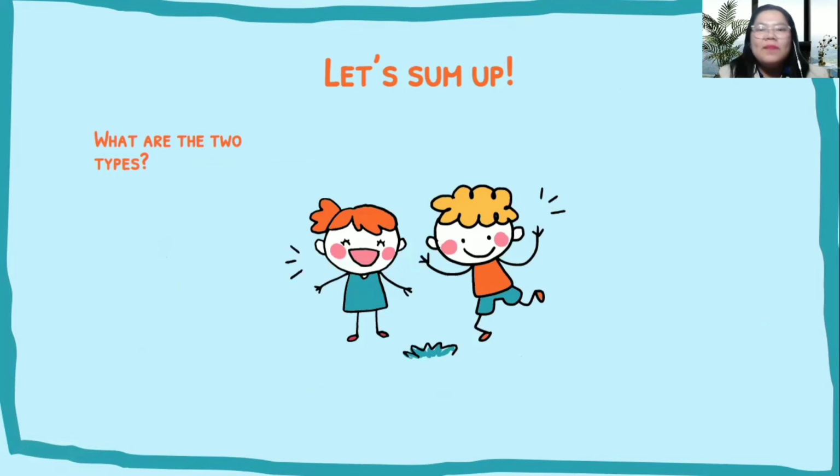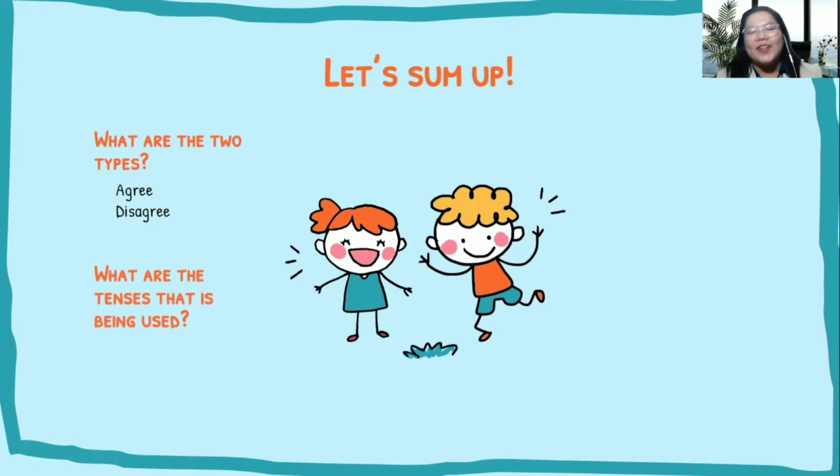And now let's sum up the materials that we have learned. The first one, what are the 2 types? Remember, students? Those are agree and disagree. And then, what are the tenses used in expressing agreement and disagreement? The tenses used are the verb 1 or simple present tense.